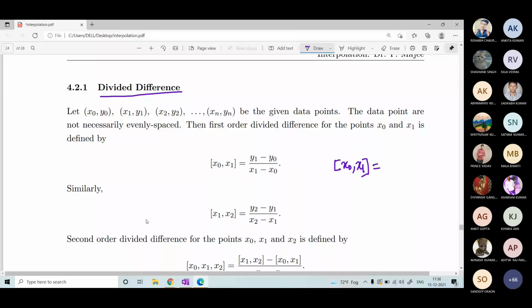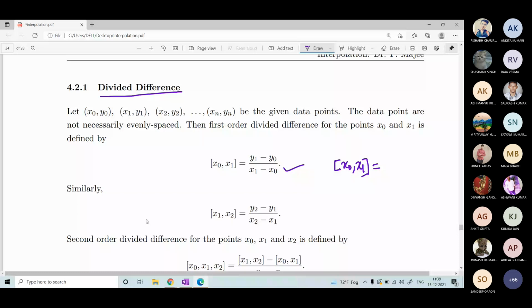And how is it defined? It is defined as y1 minus y0, the output at x1 minus the output at x0, divided by the length of the interval, x1 minus x0. So the divided difference of x0, x1 is (y1 minus y0) by (x1 minus x0).